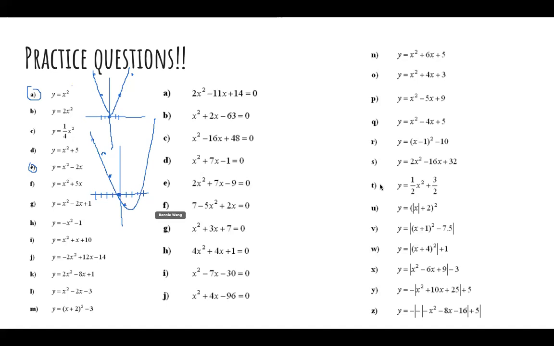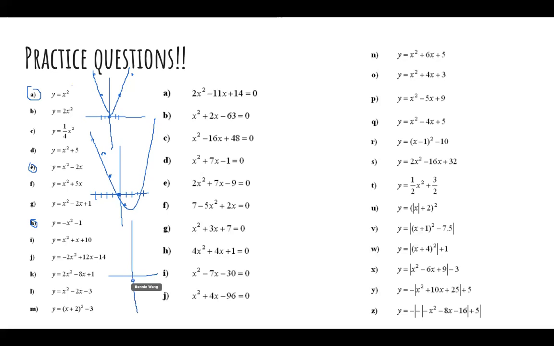And another question can be h. So for h, we can see that it is -x squared. So since there's a negative sign, we know that this graph opens downwards. And there's also a -1, which means that the graph shifts downwards by 1 unit. So we know that the vertex of the graph would be at (0, -1).